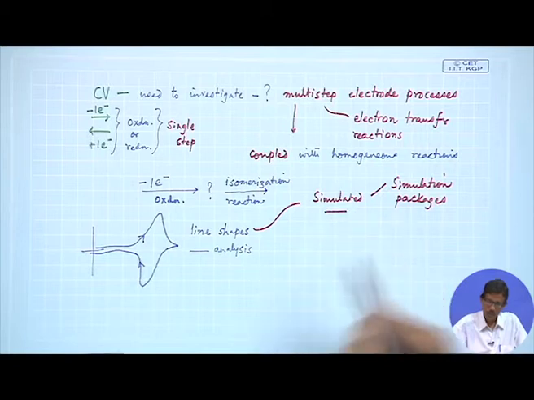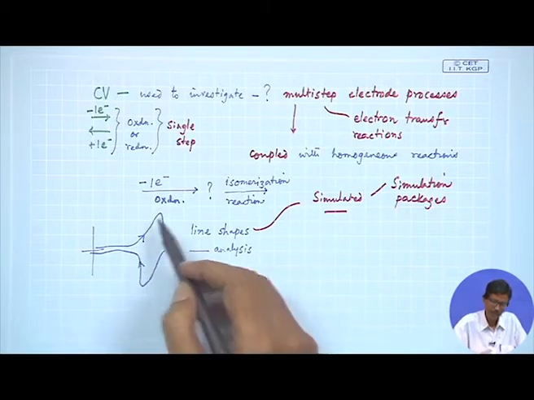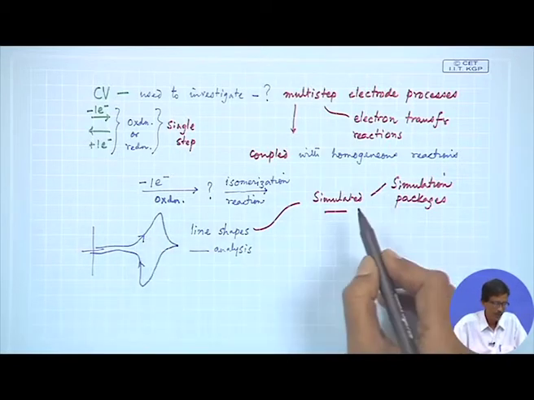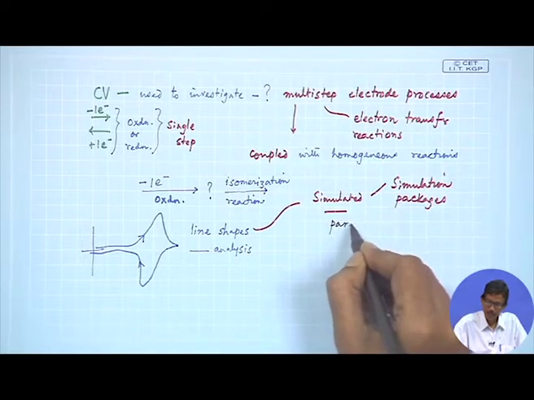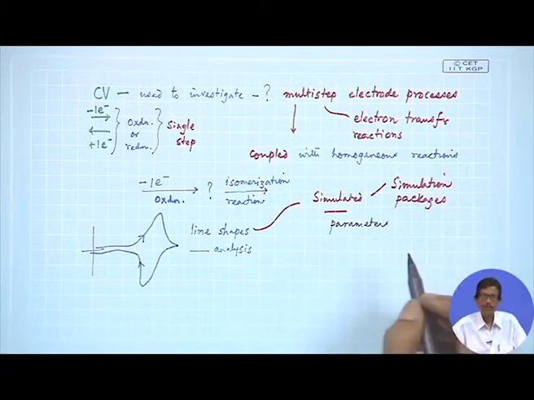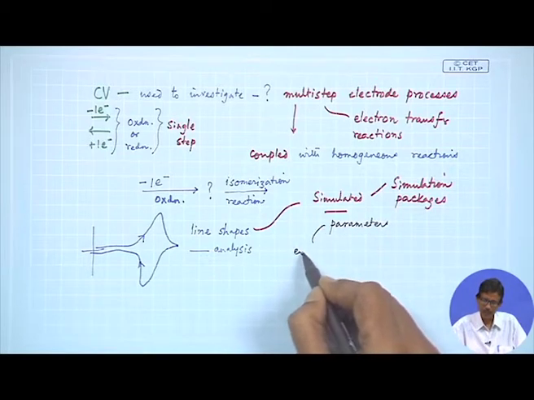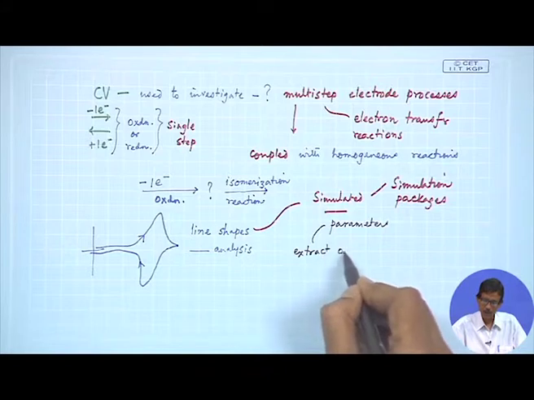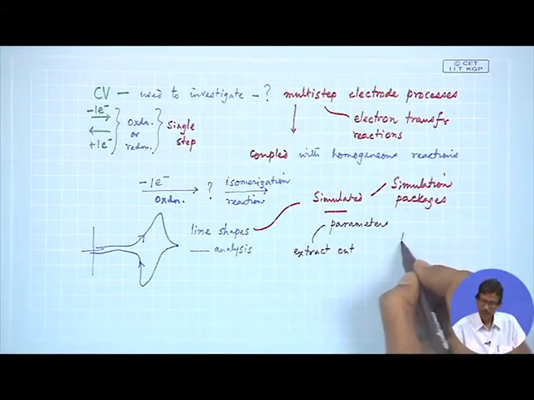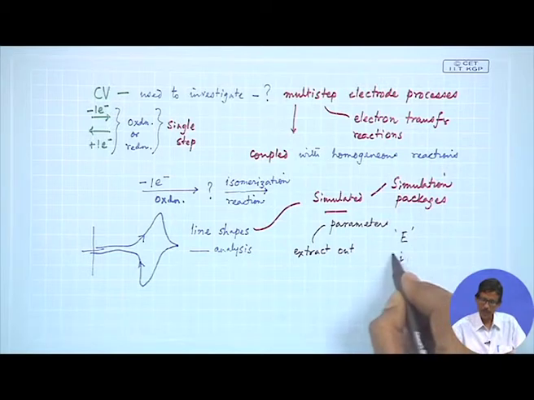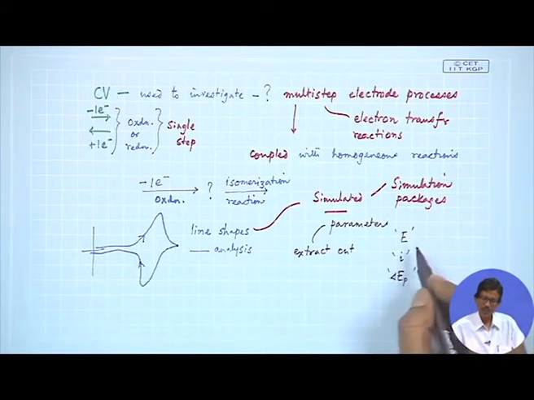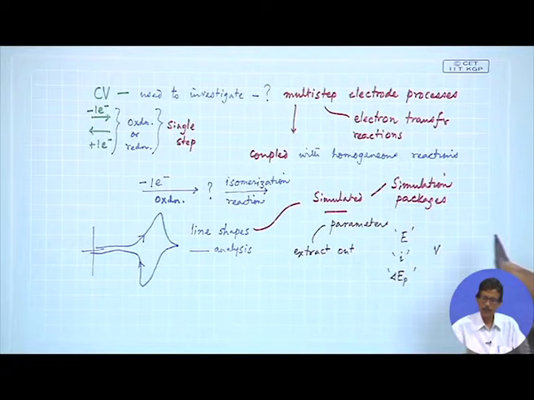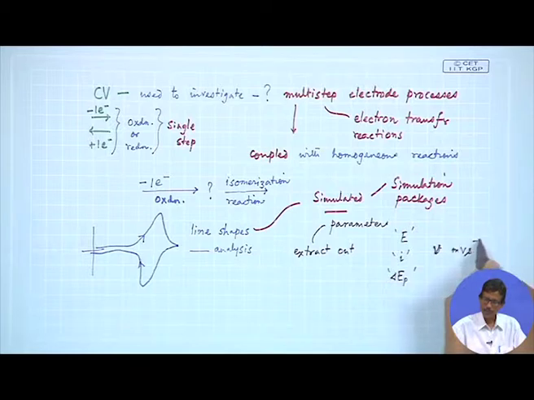So, in this simulated spectrum, the theoretically predicted spectrum, the line shapes match with those obtained experimentally. We can extract the different parameters, like the potential, the current, the delta EP, and their dependence on one particularly important thing, the scan rate, small v, in millivolt per second.